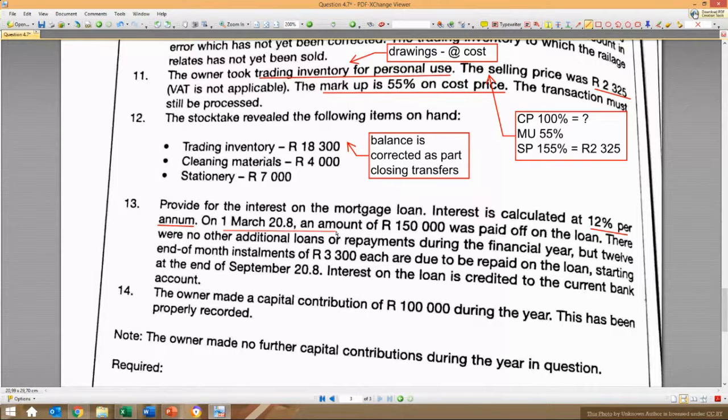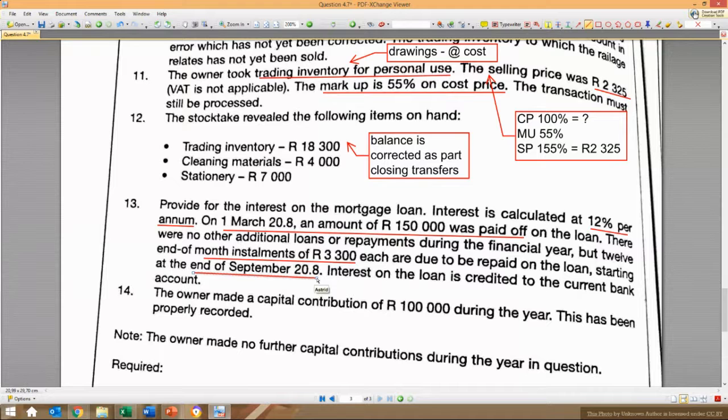On the 1st of March, 150,000 was paid off. So that means our balance in our trial balance is after that repayment has already been accounted for. They tell you there's no additional loans or repayments, and then after year end, our monthly installments of 3,300 each will be repaid by the end of September 28, starting at the end of September 28.